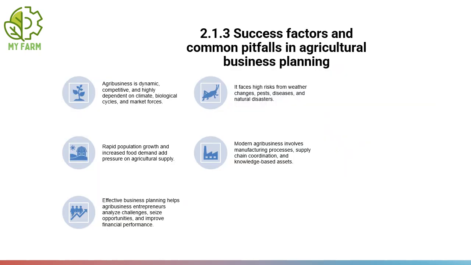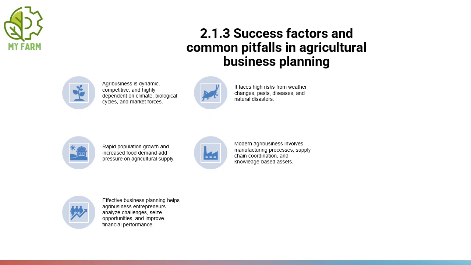Agribusiness is a dynamic and highly competitive sector that depends heavily on climate, biological cycles, and market forces. Farmers and agribusiness entrepreneurs face significant risks from weather changes, pests, diseases, and natural disasters.